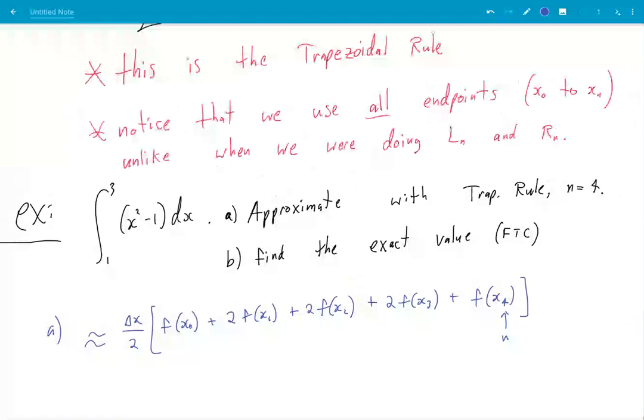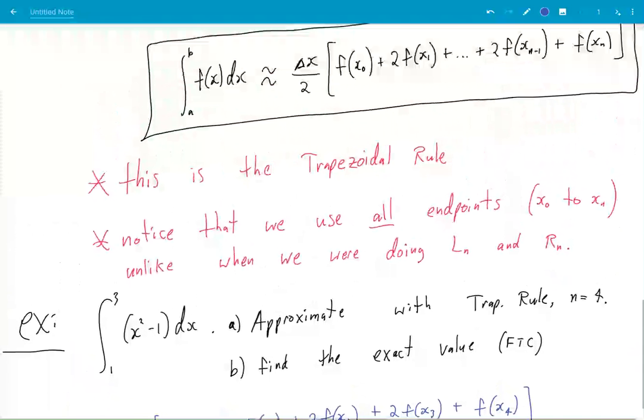I'm just using my formula, which is up here.